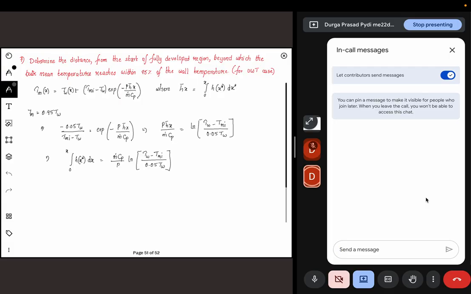Again, the point here is, if you assume it to be fully developed, let's assume that this particular length will occur beyond the fully developed point. Then H will not be a function of X, because of that assumption.